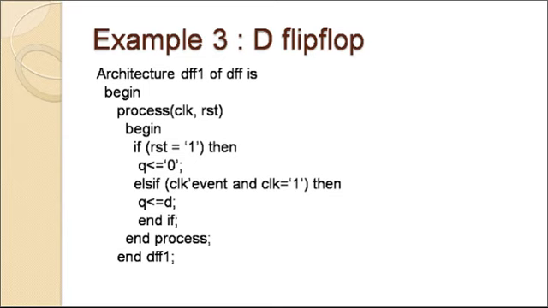The working is very simple. Whenever there is a rising edge of clock, whatever content is available on the input D should be given to the output. Else you don't have to give anything to the output, and the earlier output will remain as it is. Very simple. And if you apply a reset, your output should be 0.